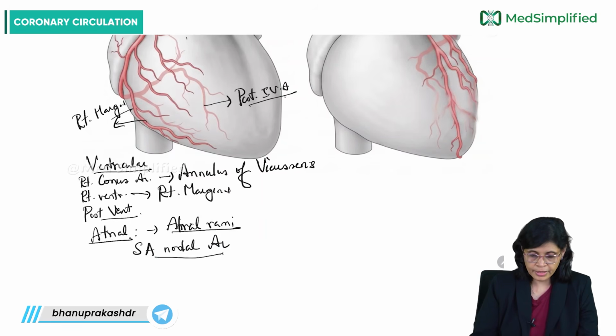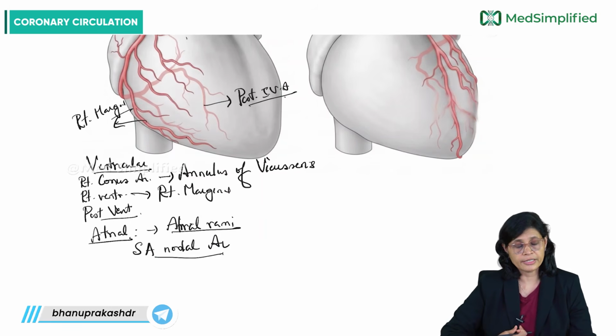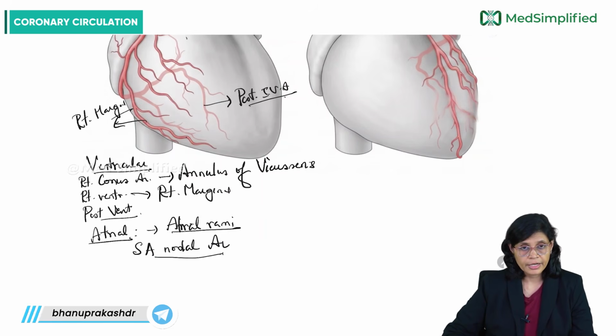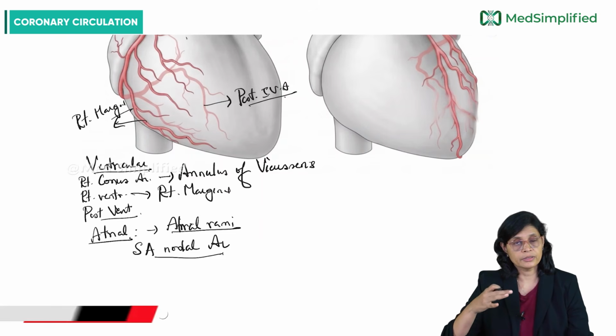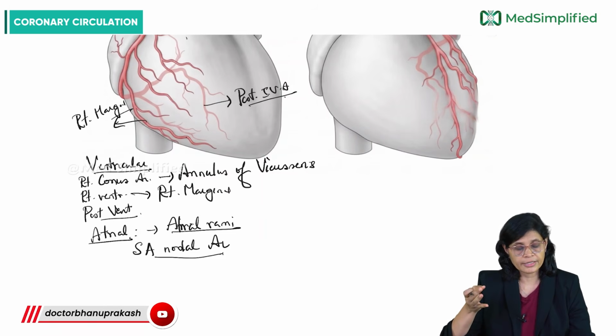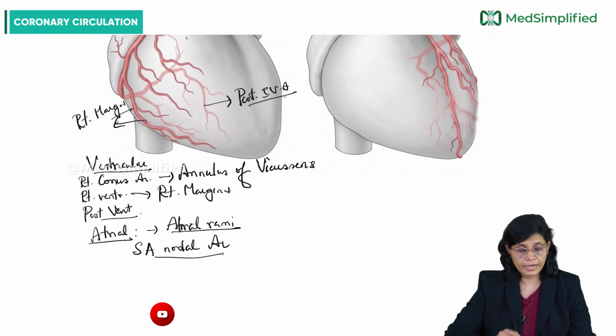In about 65% of individuals, it arises from the initial part of the right coronary artery itself, and in about 35% we can see it from the circumflex. So these are the branches of the right coronary.